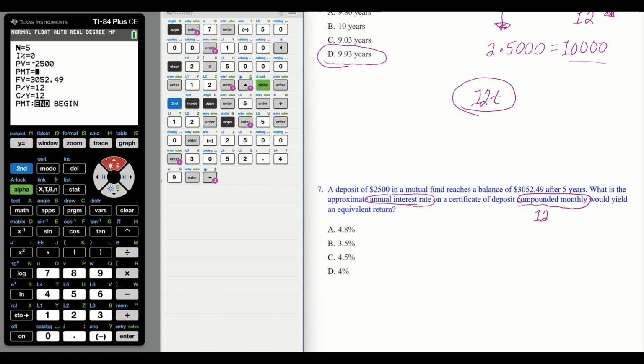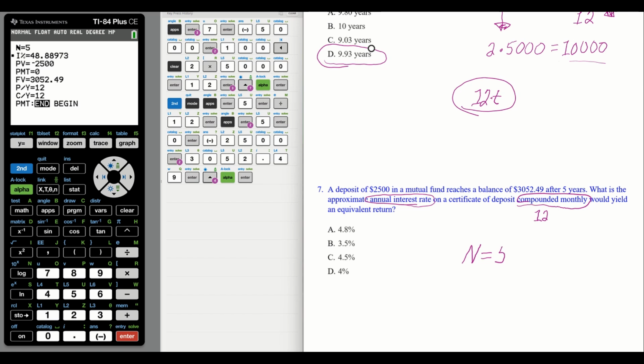Now we need to go up and deal with our interest. Push alpha, enter. Okay, what did we do wrong? Let me see. Did I put in $2,500 right? Oh, I know what I did wrong. N equals what?